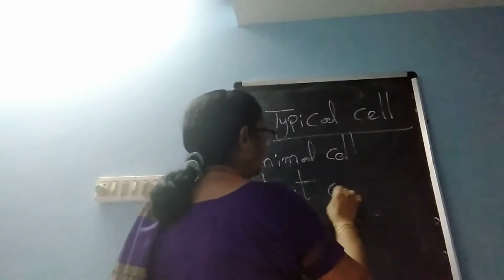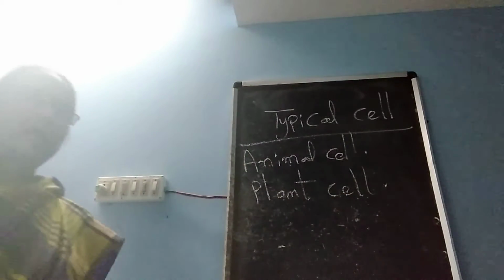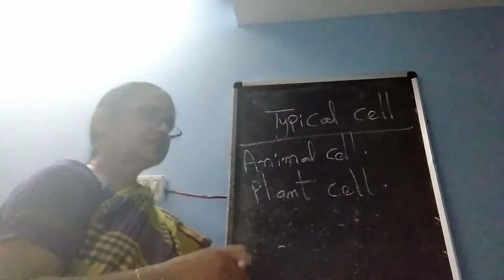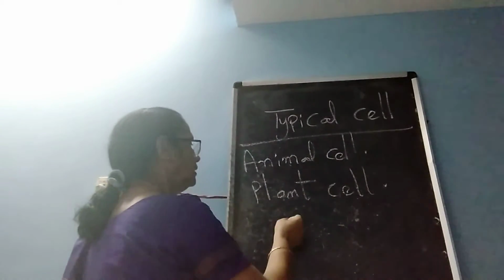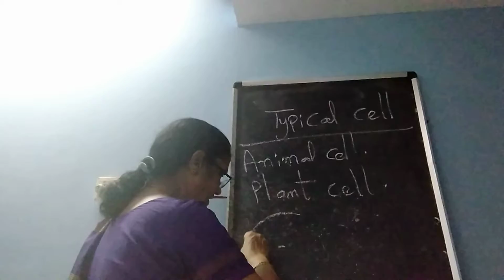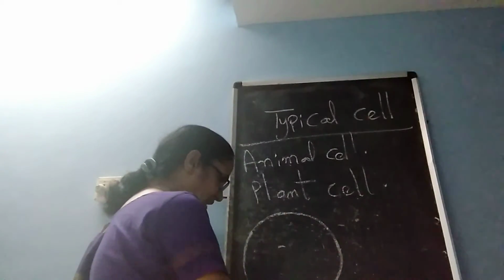First is the animal cell, second is the plant cell. In general, this is the structure of any animal cell.